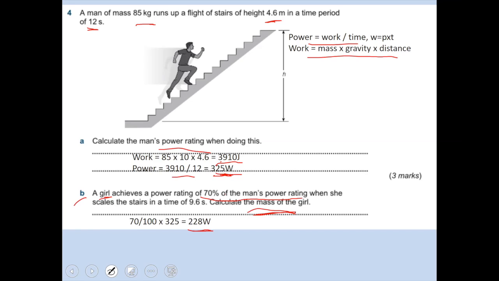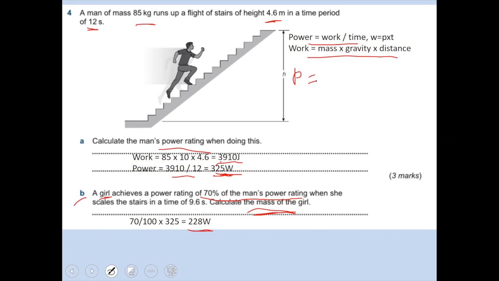To do this, we're going to have to amalgamate both equations together and then rearrange them, which is a bit more challenging. So I'm going to write power equals work over time.